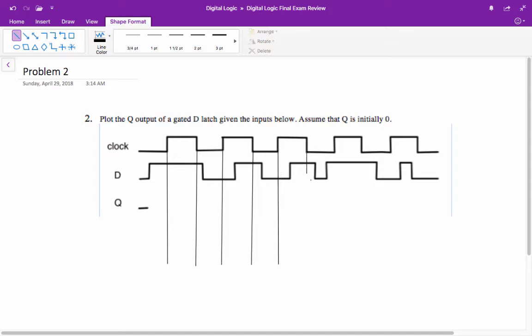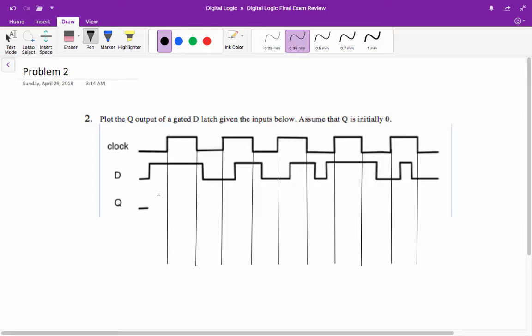Since this is a D gated latch, Q will follow the D input, and that's how a D latch works: the output will be whatever the D input is. These lines will help guide me as we're drawing our output.